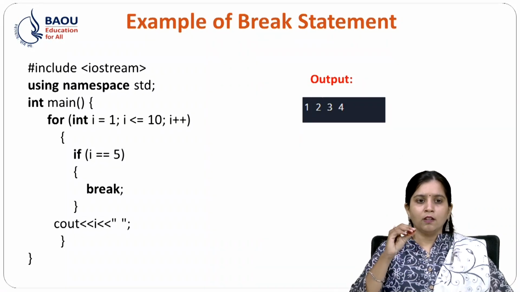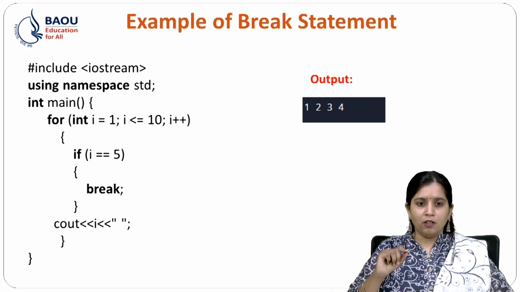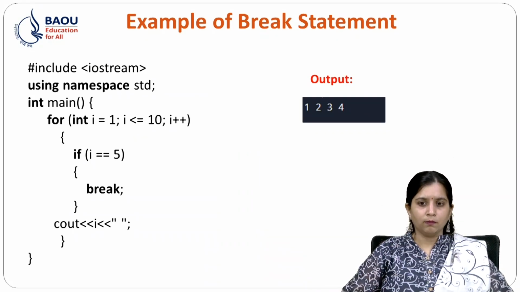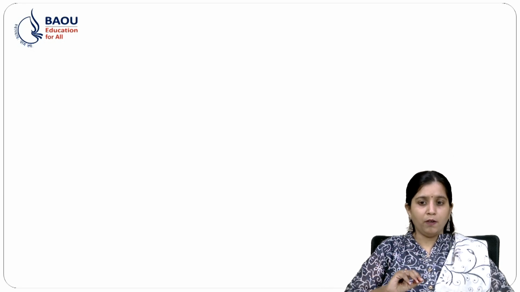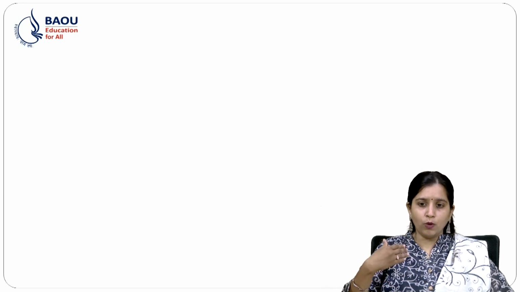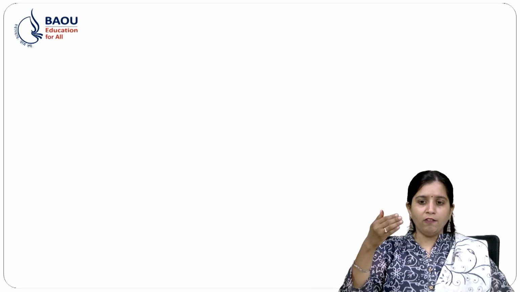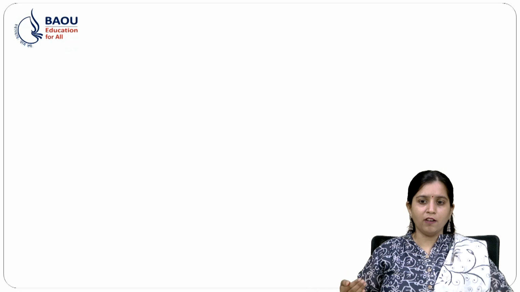Likewise this program will run, and when 5 comes, the break statement is used and we will come out of the loop. So this is the basic example of break statement. We can use break in switch case when we have n number of conditions and we want to break the conditions.